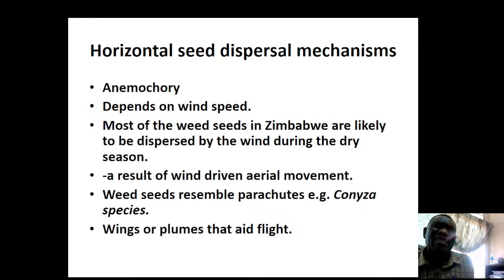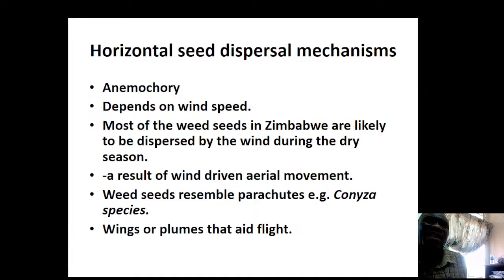A result of wind-driven aerial movement can actually redistribute weed seeds. You need special types of weed seeds with certain features. These weed seeds resemble parachutes. For example, Conyza species. Some weed seeds can have wings or plumes that aid flight.